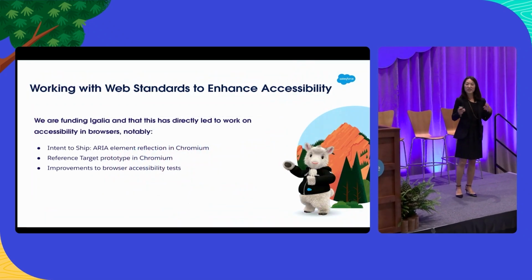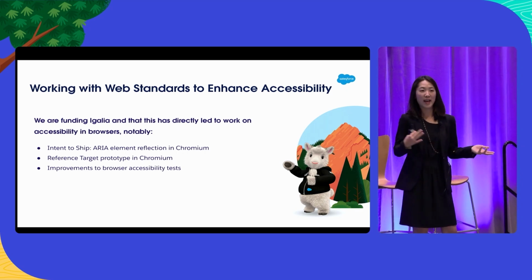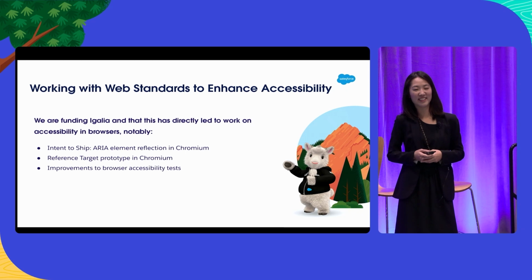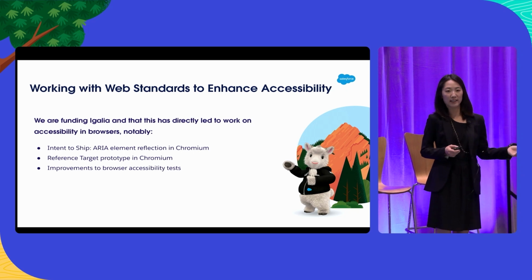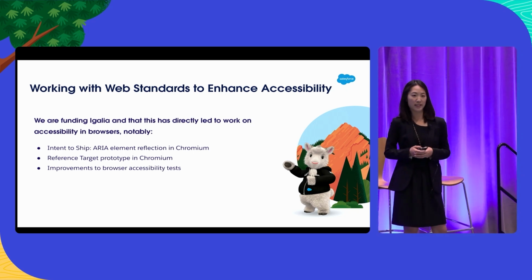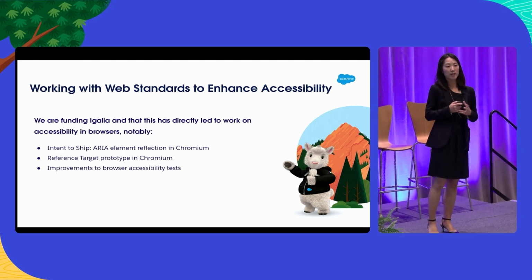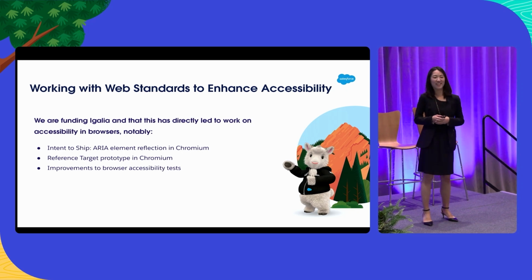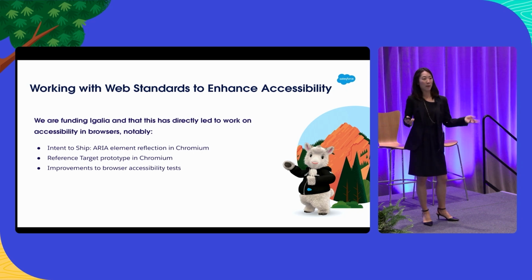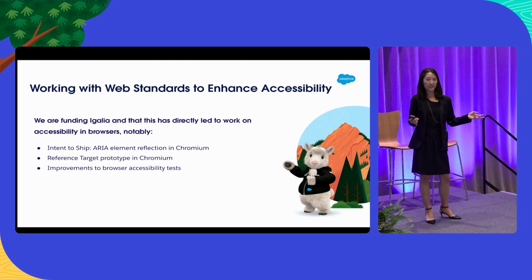We are also doing some work to make sure that we are building towards a web that is both inclusive and accessible and aligns with our values. We are working with the Web Standards Committee as well as funding Igalia to do some notable work in the accessibility space, including ARIA element reflection in Chromium, which allows ARIA elements to be represented through the contents of the web page, as well as reference target prototype in Chromium, which allows ARIA elements to be used across shadow root boundaries.